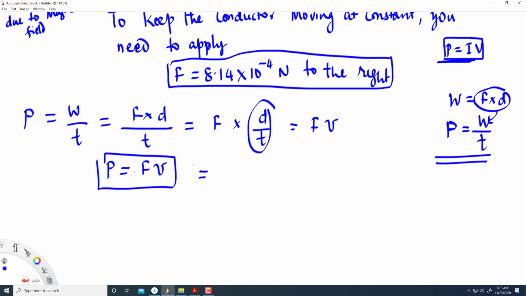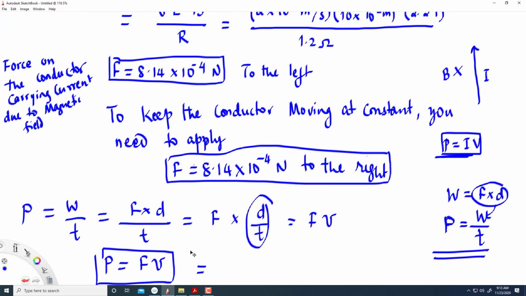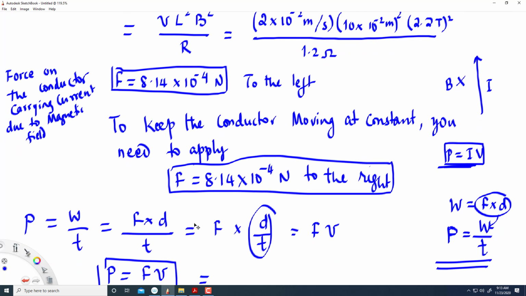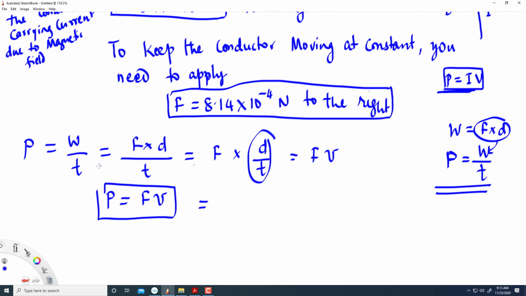And we already have the expression for force. If you want, you can use this formula directly and plug in the speed. You can do that. But I'm going to write an expression first, which you don't actually need to do, but I want to show it. The expression for force is VL squared B squared over R, and I have V here.